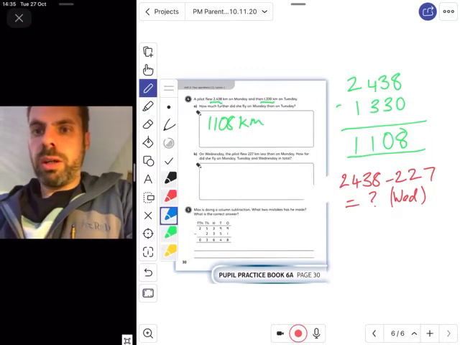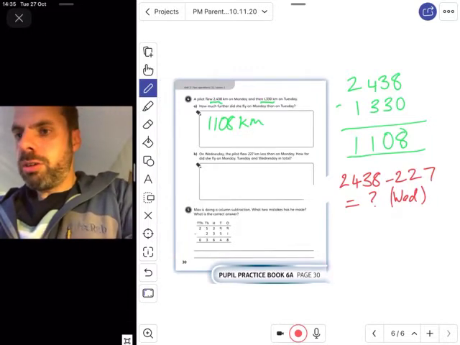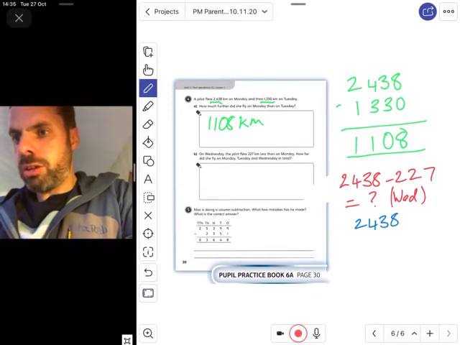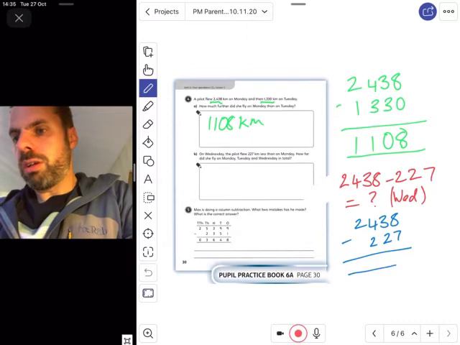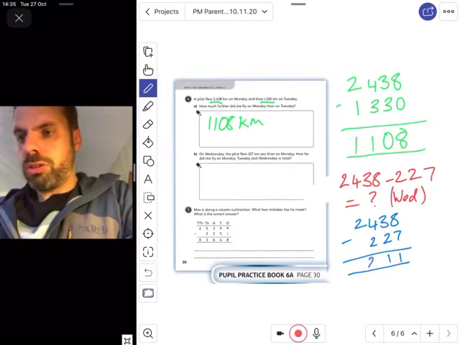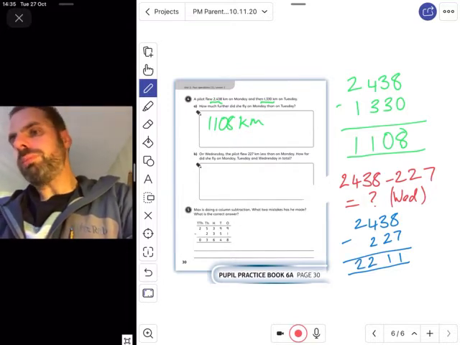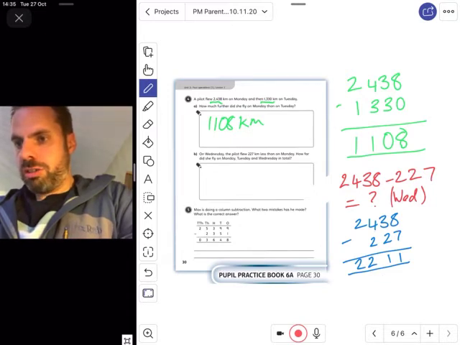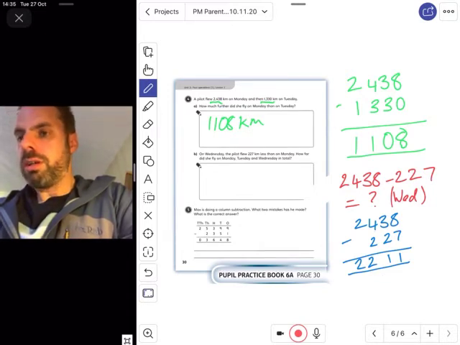So we know then that 2,438 subtract, this is where my place value comes in, because I need to make sure that I write it in the right places. 227, 8 subtract 7 is 1, 3 subtract 2 is 1, 4 subtract 2 is 2, 2 subtract this one here is 0, is 2. So on Wednesday then, we know they did 2,211.